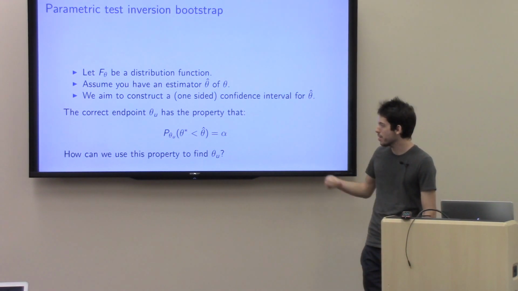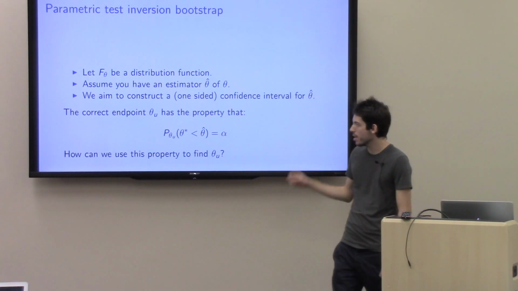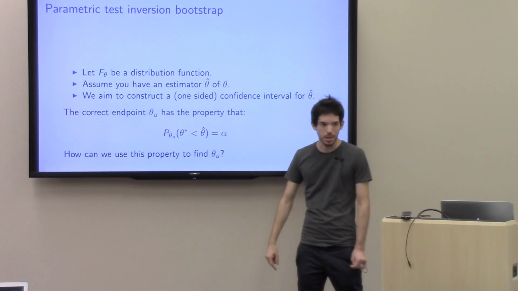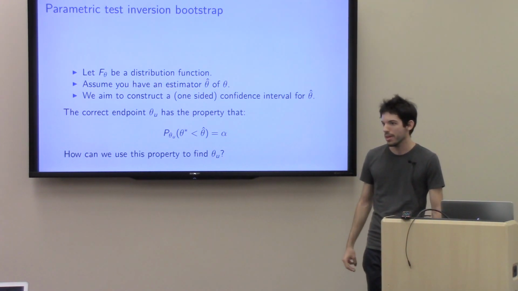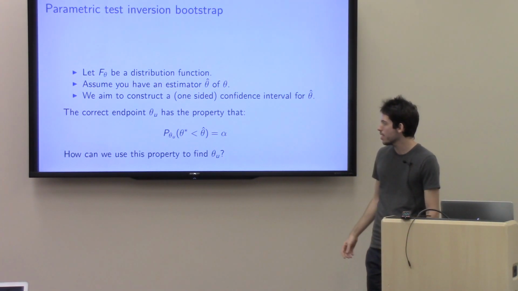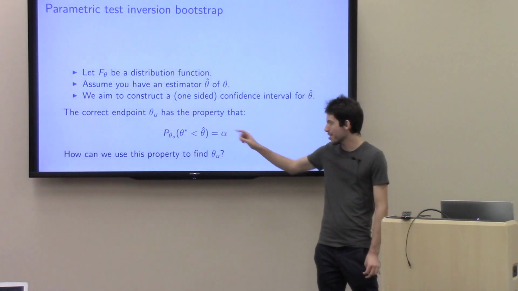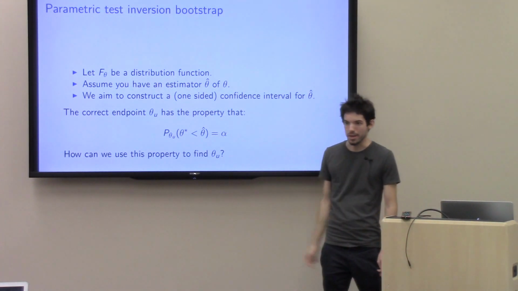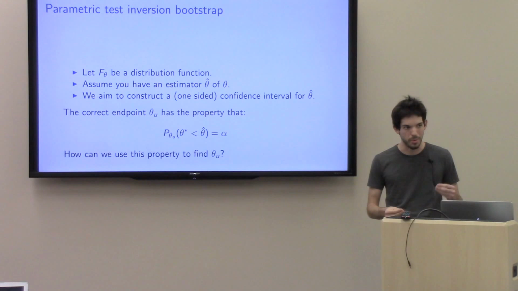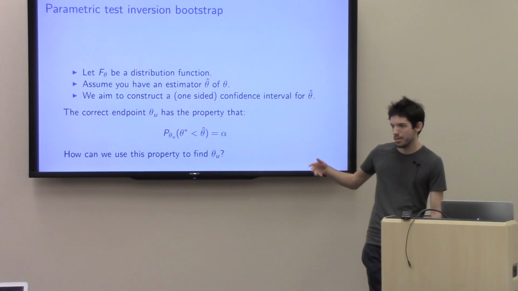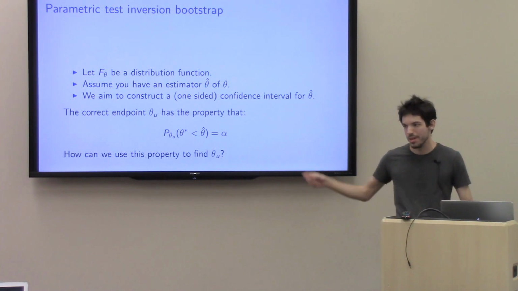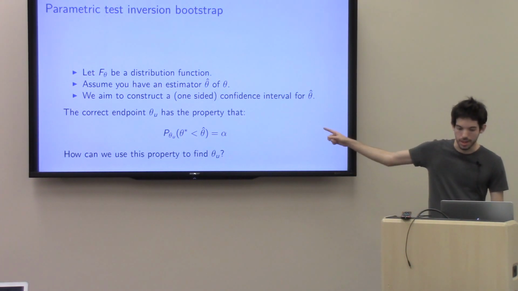What test inversion means is that if we take theta u and plug it into our parametric model, and then draw a sample from this model and estimate our quantity, the probability of being less than the original estimate is alpha, which makes sense. We take theta, we replace it by something bigger, and we accept our estimates to be bigger now. How much bigger? Exactly that much.